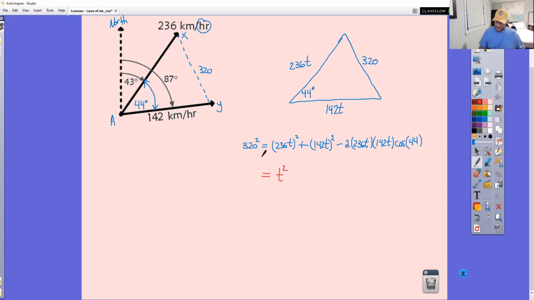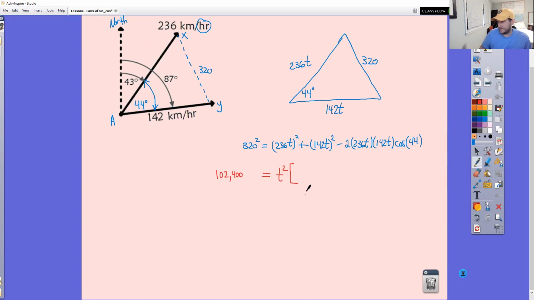And then you can do the 320 squared. Oh, these numbers are just so big all the time. 320 squared is 102,400. If I factor out that t squared, then now I just have to do the 236 squared.